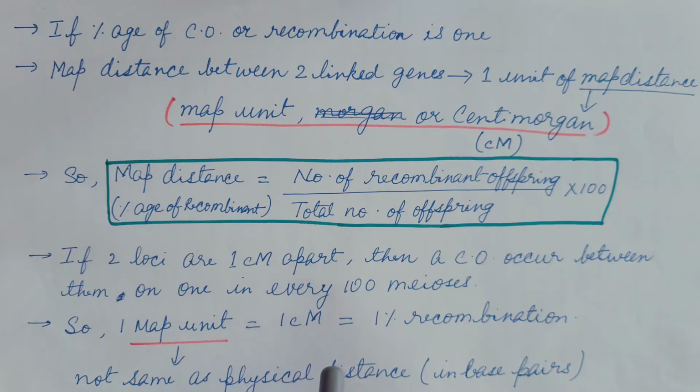In other words, among 100 meiosis, crossing over occurs in only one meiosis. So 1 map unit is equal to 1 centimorgan, and 1 centimorgan is equal to 1% recombination.